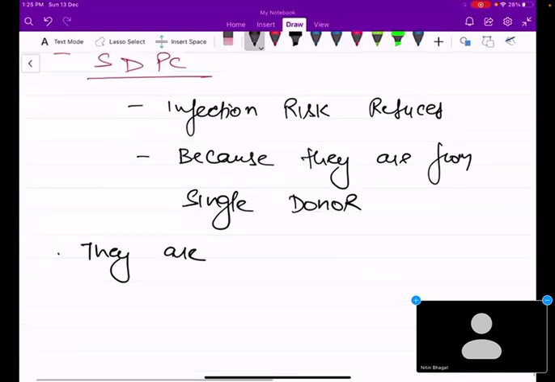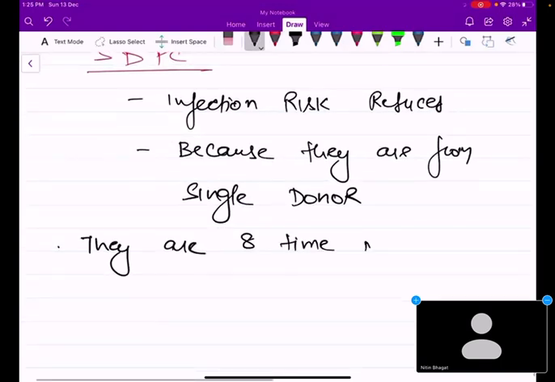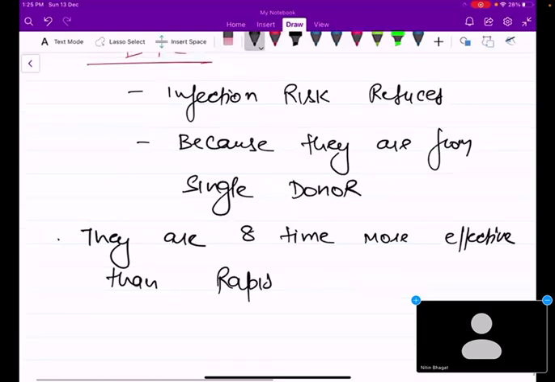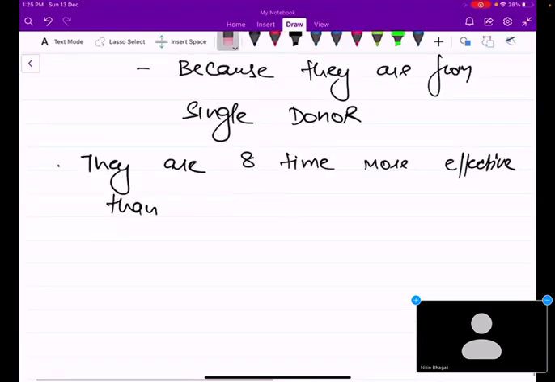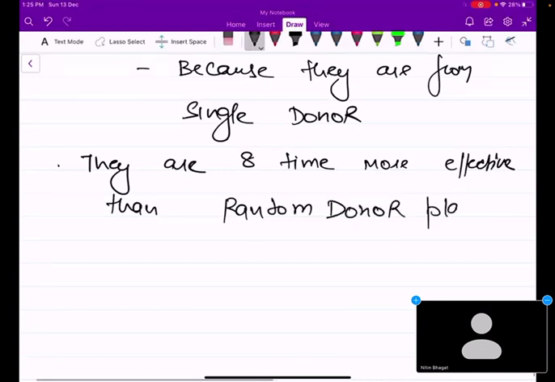So they are considered 8 times more effective than random donor platelets.